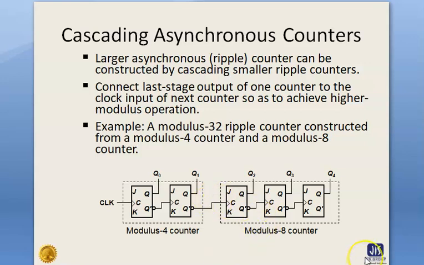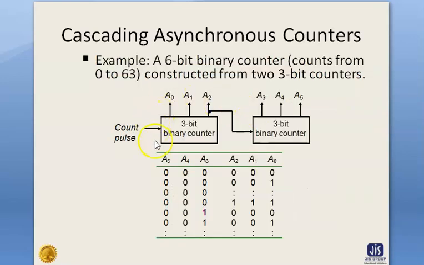Okay, so we can get a higher modulus counter by cascading lower count sequence counters. Here is another example of a higher order counter by cascading lower order counters, that is cascading a 3-bit binary counter, meaning a mod 8 counter, with another mod 8 counter. By cascading these two, 8 into 8 means 64. So a mod 64 counter can be constructed using these two 3-bit counters.